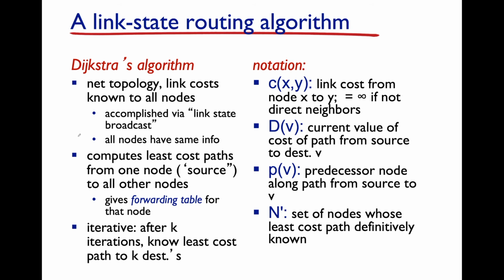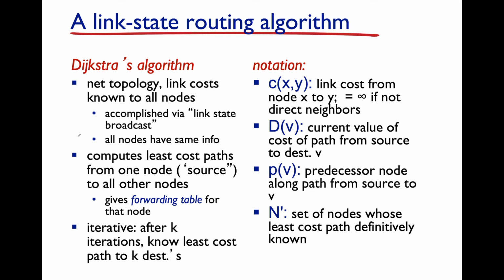And so once Dijkstra's algorithm completes, it gives the forwarding table for that particular node. What it does is iteratively, after some number of rounds, one by one, add the closest nodes on the network to the least cost path, because the least cost end-to-end path includes individual hops that are themselves the smallest cost.